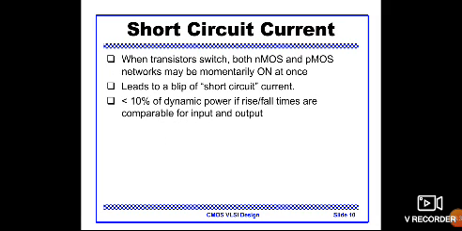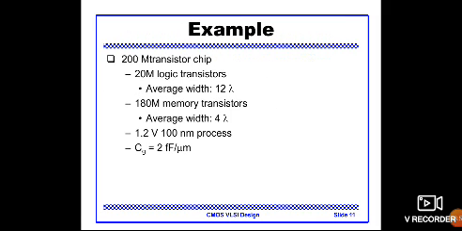Short circuit current: when transistors switch, both NMOS and PMOS networks may be momentarily on at once, which leads to a blip of short circuit current. It is less than 10% of dynamic current if rise and fall times are comparable for input and output.